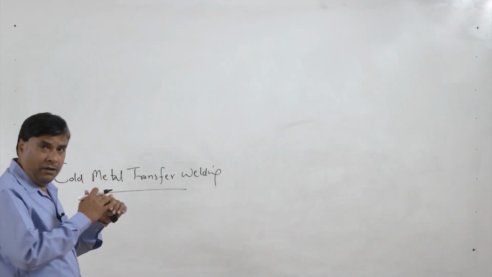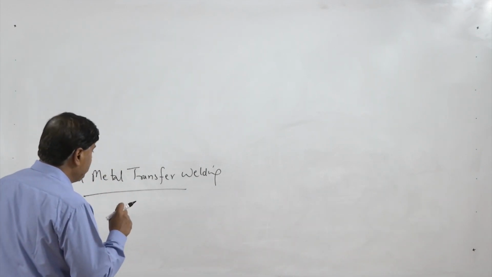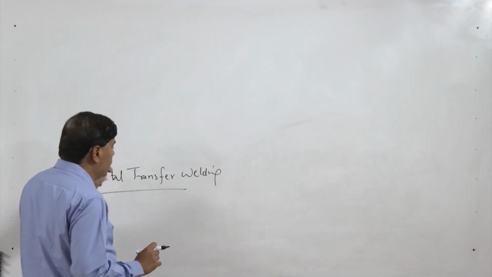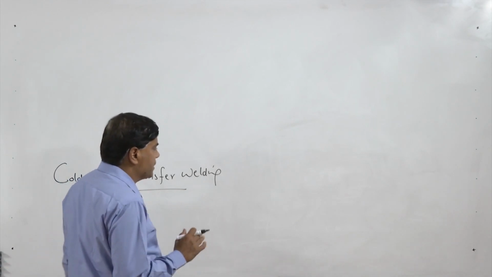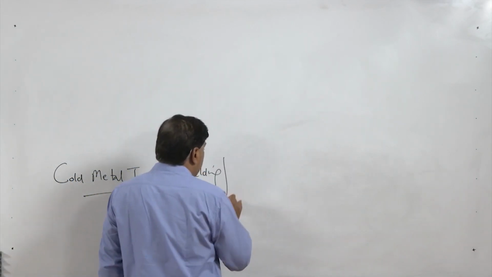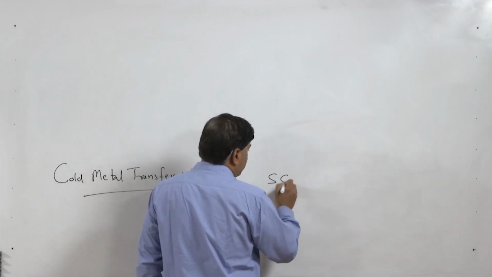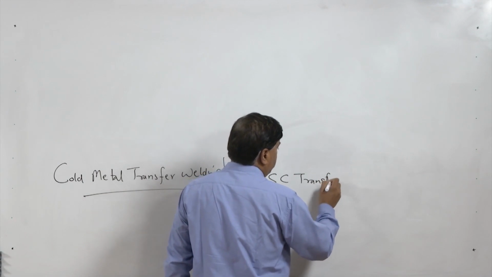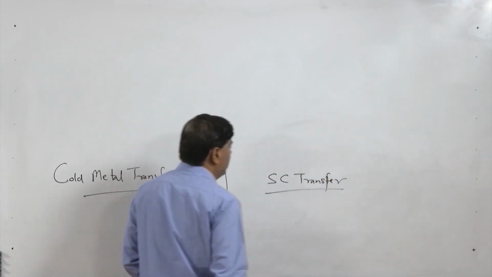So there are 3 or 4 types of transfers that we have seen, but we did not see cold metal transfer, what it is and what its meaning is. It is one typical situation of short circuit transfer which is achieved in the case of cold transfer.